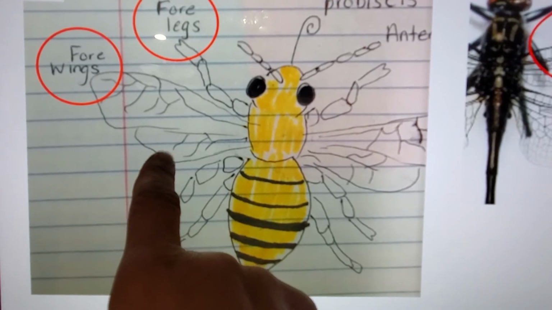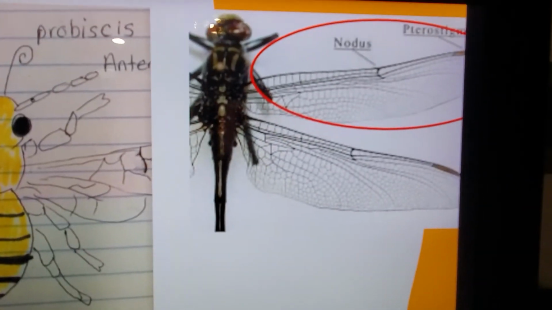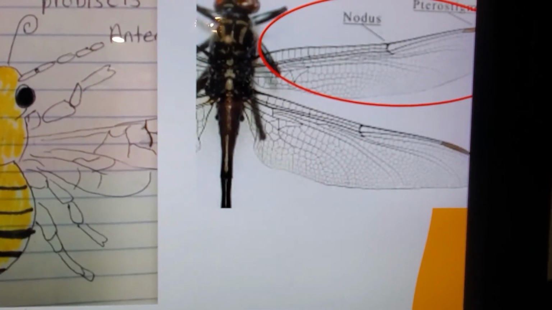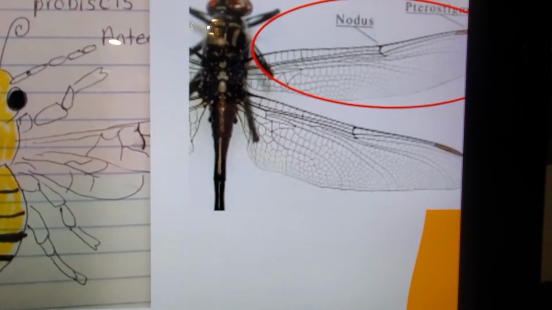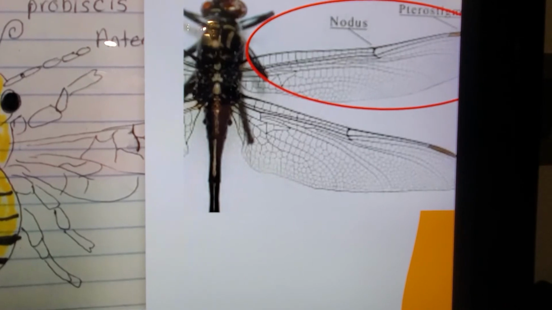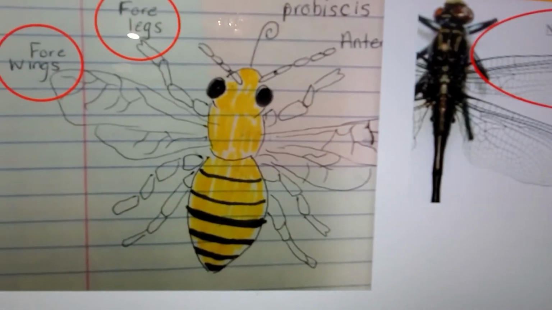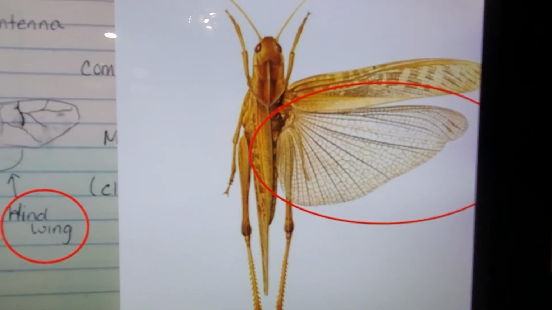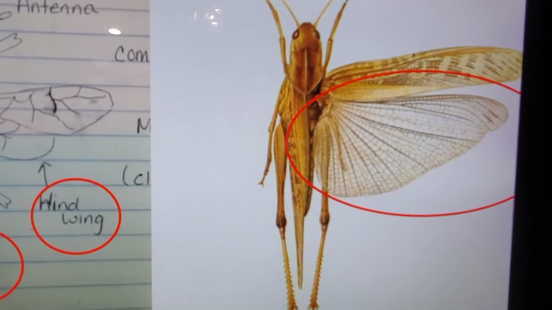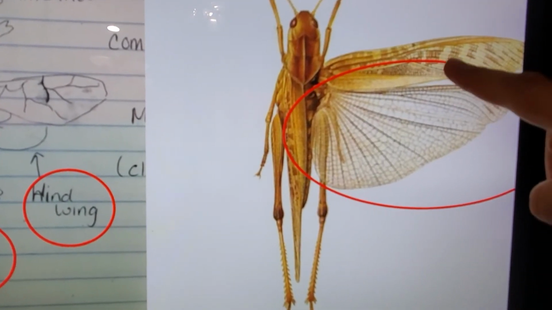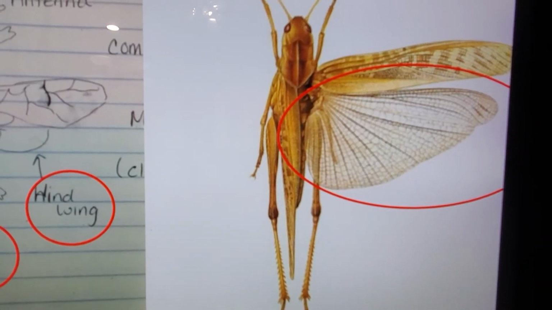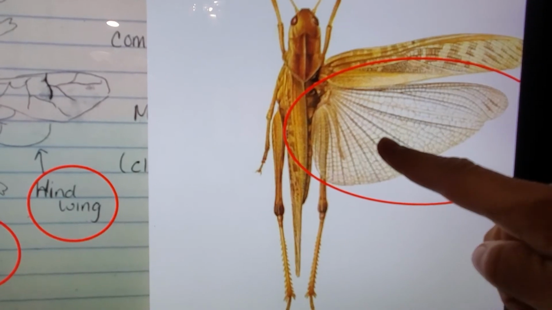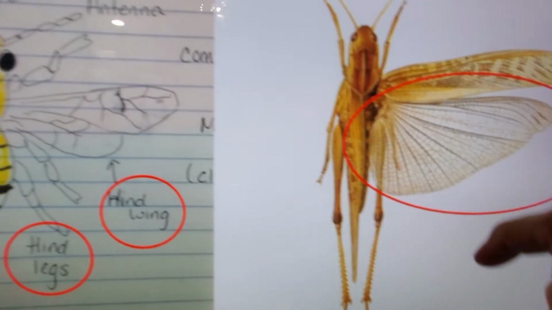And then look, there are some wings in back as well. We can see that here in this dragonfly, the 2 sets of wings, and it also happens to have membranous wings that are see-through. Here's another example of those 2 sets of wings, 1 and then 2, and they happen to be membranous. The one in front is called the forewing, the one in back is called the hindwing.